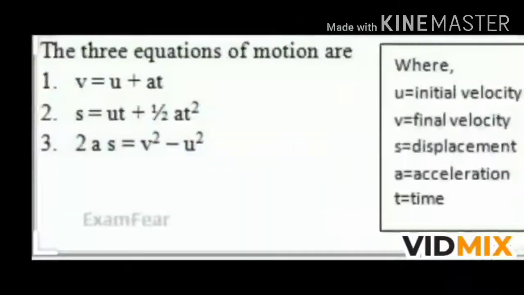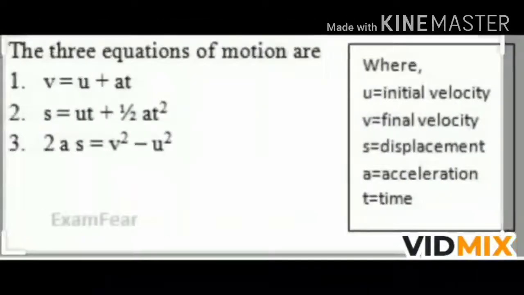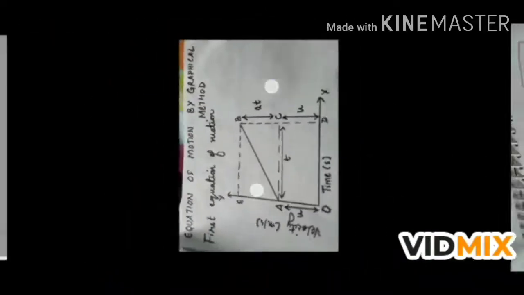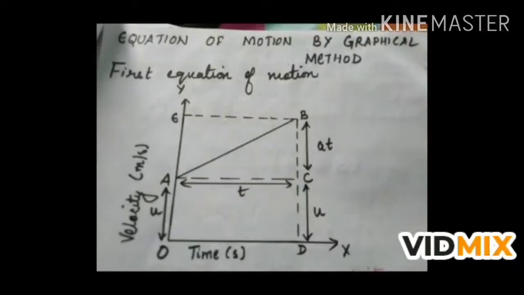For this we need this graph, where in the x-axis time is there and in the y-axis velocity is there. The velocity time graph of a uniformly accelerated motion of the body having initial velocity u is given in the figure. The velocity time graph is a straight line AB.